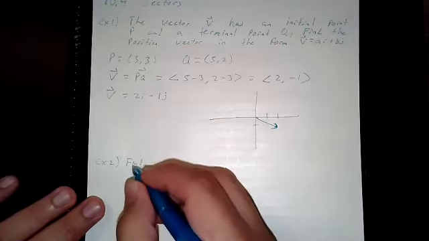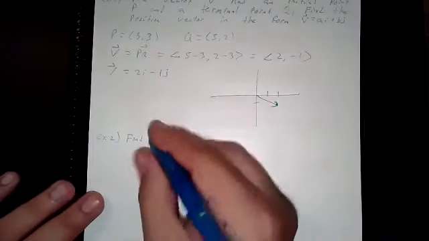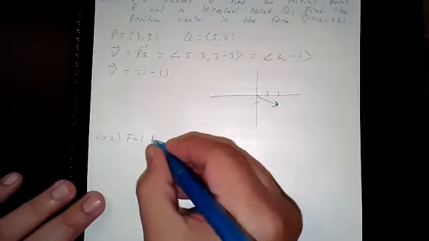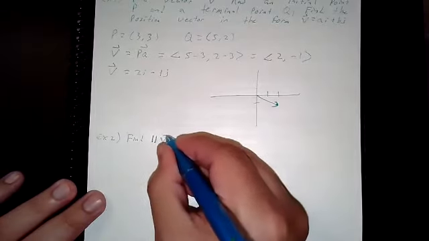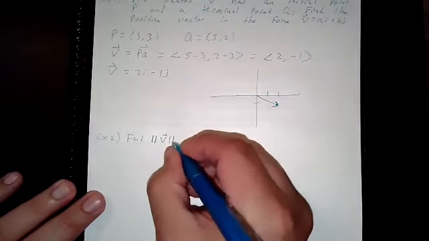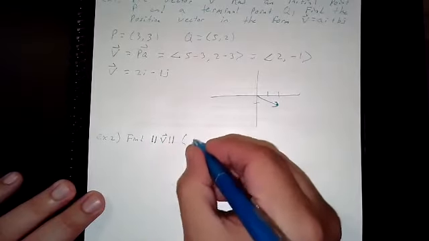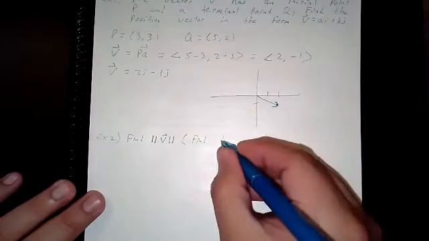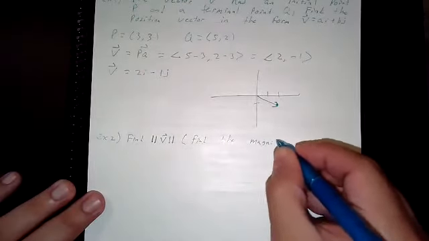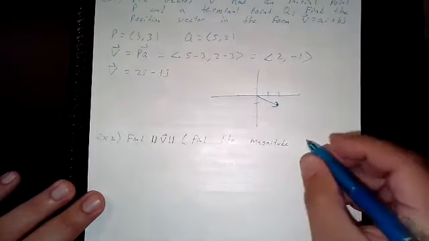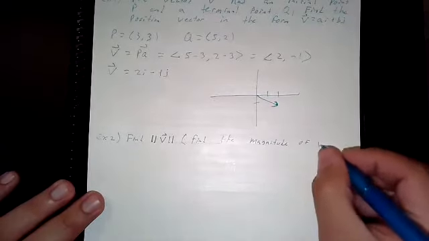They'll use this notation for magnitude. It's kind of like an absolute value bar, but they have 2 of them for v. So find the magnitude of v.